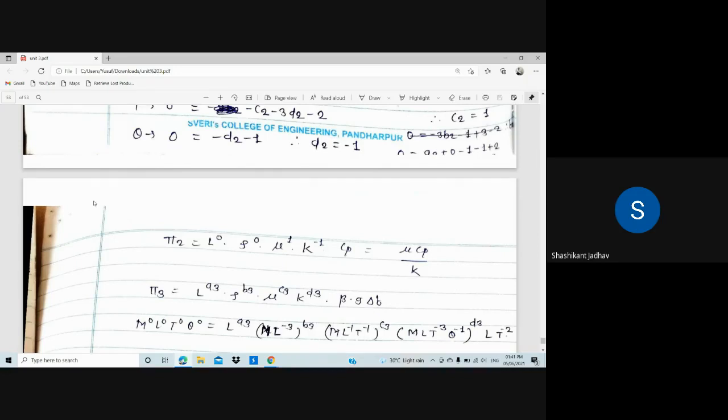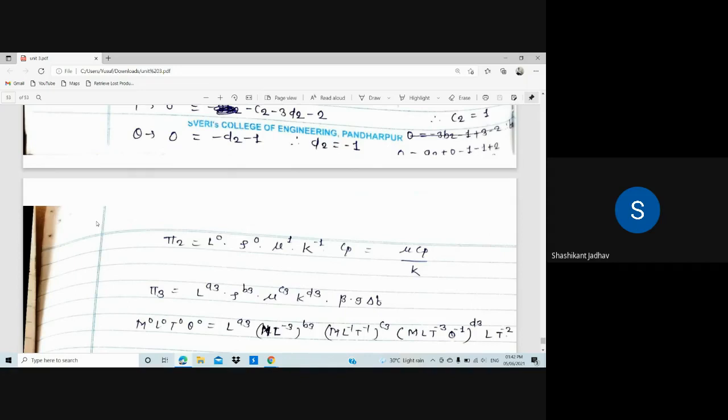So a2 is equal to 0, b2 is equal to 0, c2 is equal to 1 and d2 is equal to minus 1. So from that, what is the equation of pi2? Pi2 is equal to L raised to 0, rho raised to 0, mu raised to 1, k raised to minus 1 into cp. So from that we get the equation for pi2 as mu cp divided by k.